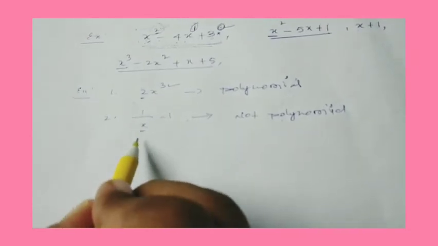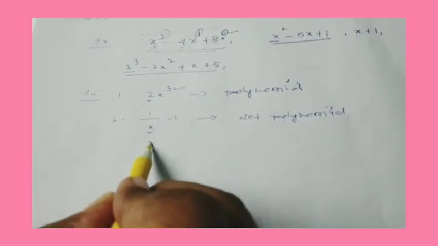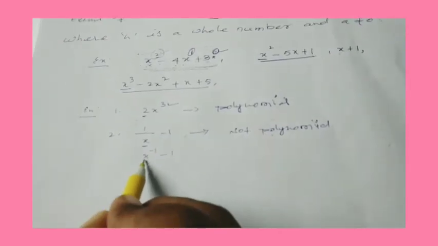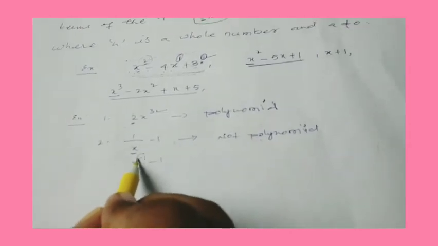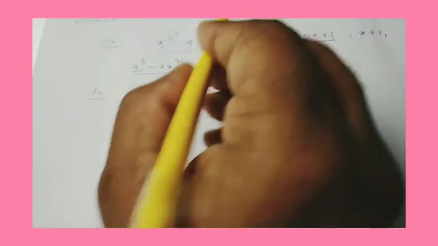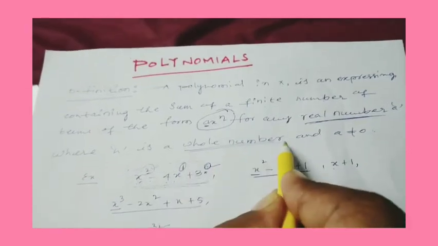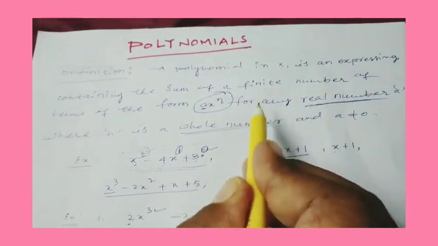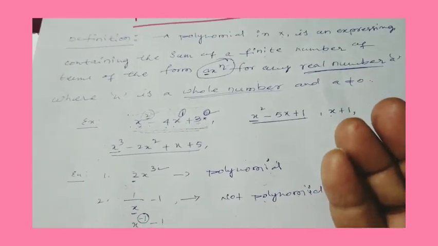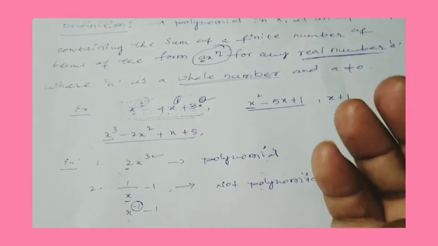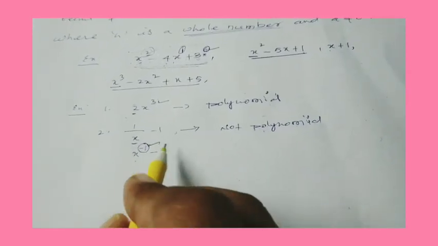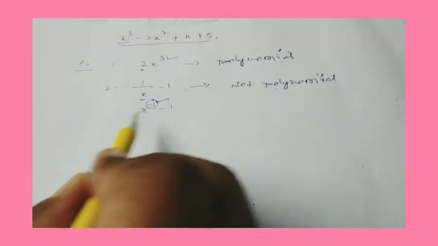If you write it in the numerator, it will change to x power minus 1, minus 1. Here the power minus 1 is there. Minus 1 is not a whole number. In the definition I said n must be a whole number. Whole number means 0, 1, 2, 3, 4, 5, 6, all the positive numbers including 0. Here a negative integer is there. That's why it is not a polynomial.